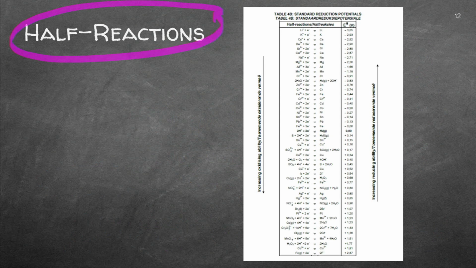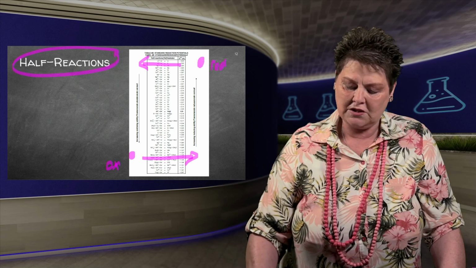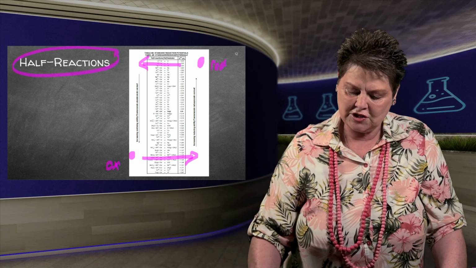In the instance where it's the stronger reducing agent, it will go that way, and the stronger oxidizing agent, it will go that way. Find the two reactions, balance the electrons, and you will be able to get all your marks in terms of half reactions.